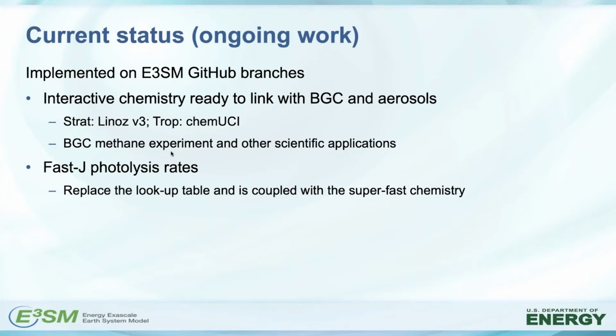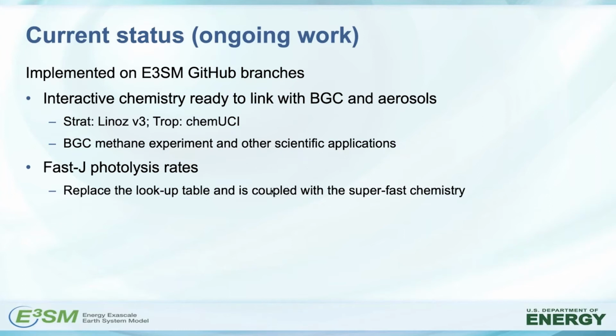The Fast-J photolysis rates replace the lookup table and are coupled with the superfast chemistry, and can be easily further coupled with the ChemUCI chemistry. With this new code, we can now finally start to address science questions.